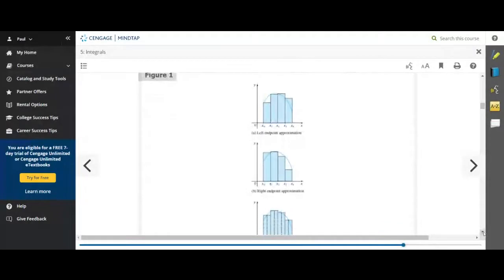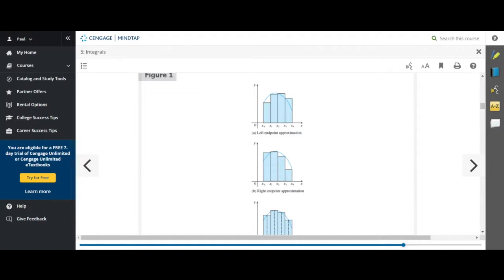Okay, so figure 1 here, all right, in the book, you have a function, the function's in blue, in figure 1a, and you have left endpoint approximation. Okay, so this is section 5.9, figure 1. So you see there what they're doing. They have that blue function, and look at the rectangles and look at the heights.